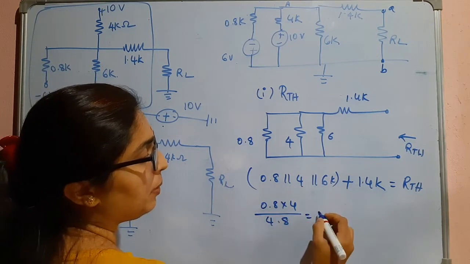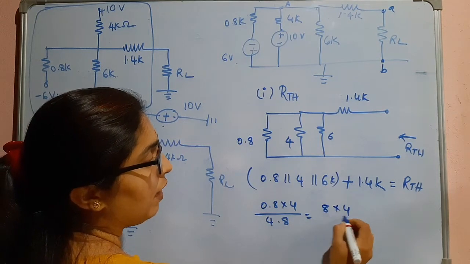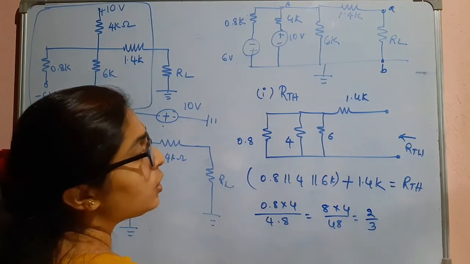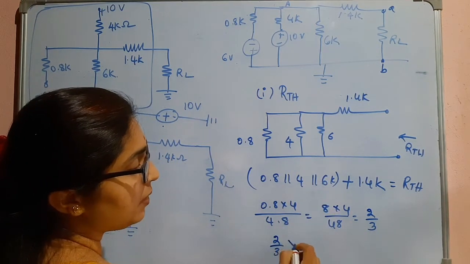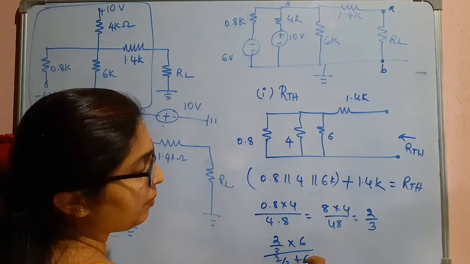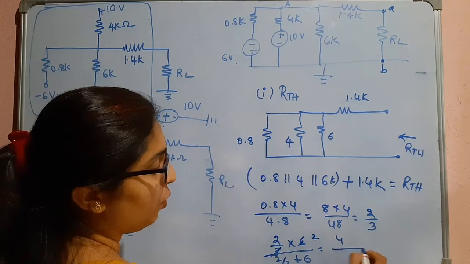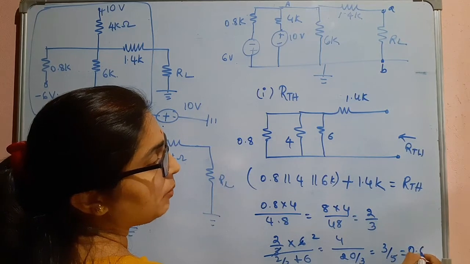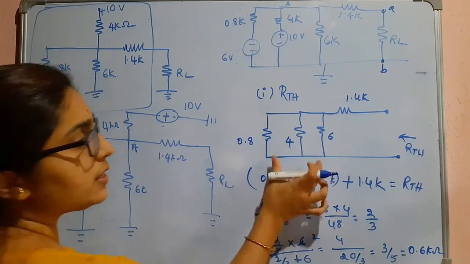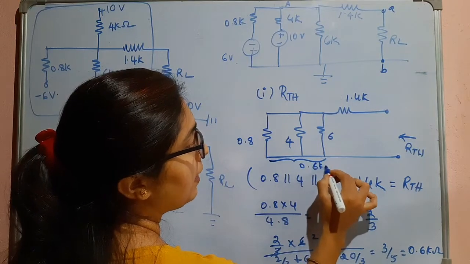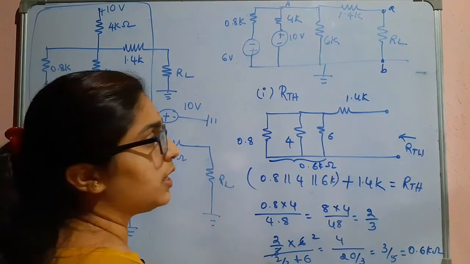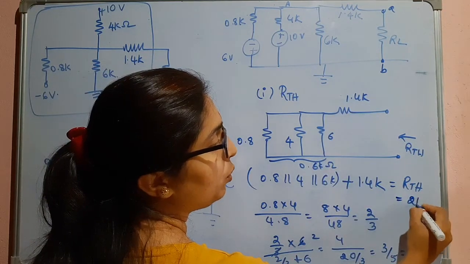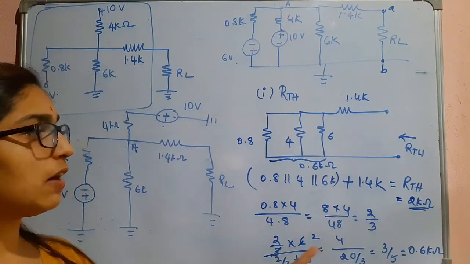This is nothing but 8 into 4 divided by 48, which is 2 divided by 3. So 2 by 3 is once again in parallel with 6. So 2 by 3 into 6 divided by 2 by 3 plus 6, which gives 4 divided by 20 by 3, which is 3 divided by 5, that is 0.6 kilo ohm. So this can be replaced by a single resistor of 0.6 kilo ohm, which is in series with 1.4. So RTH will be equal to 2 kilo ohm. This is our RTH.